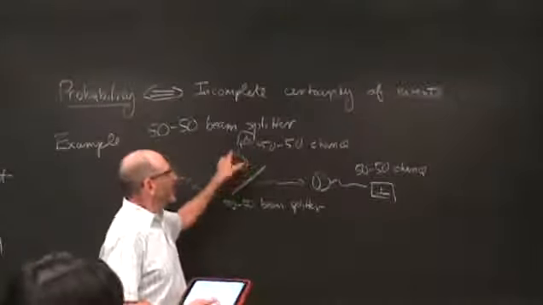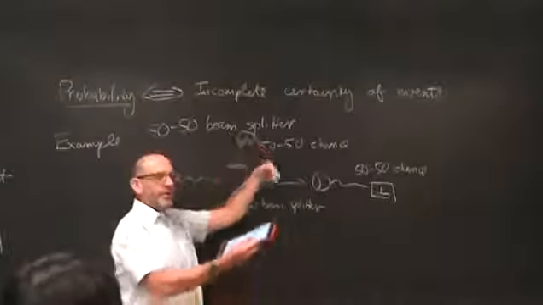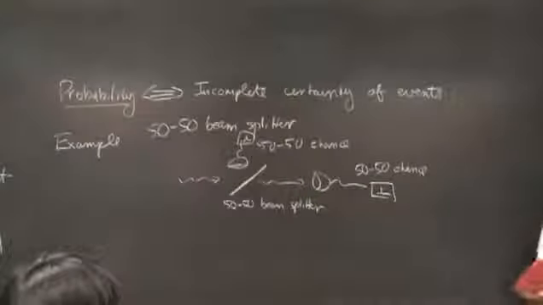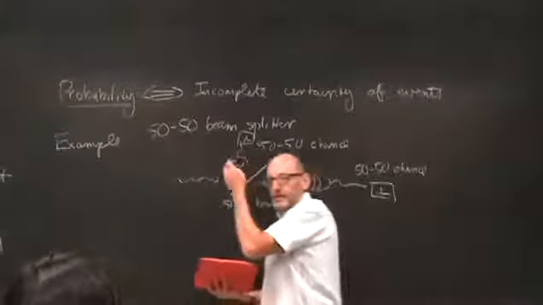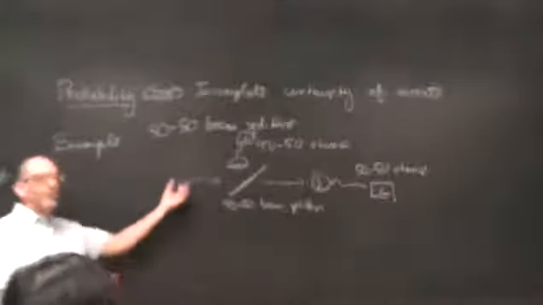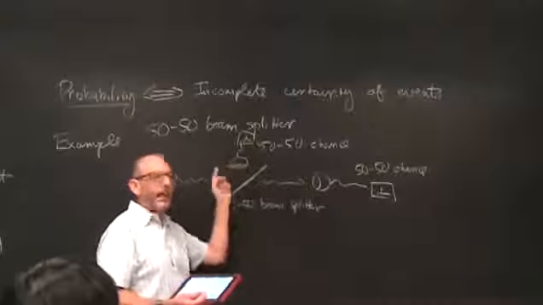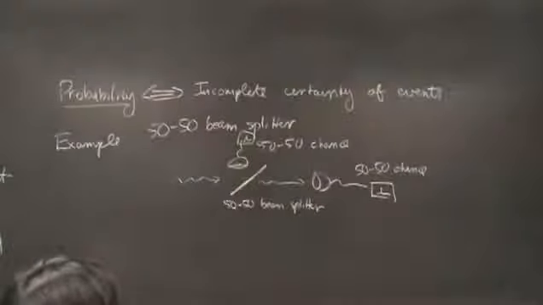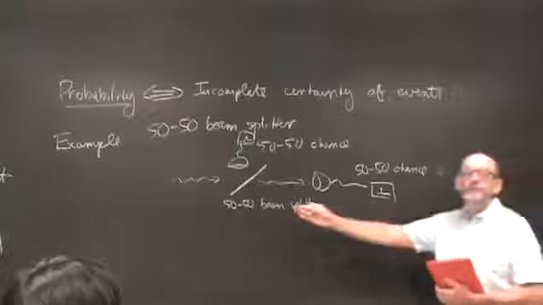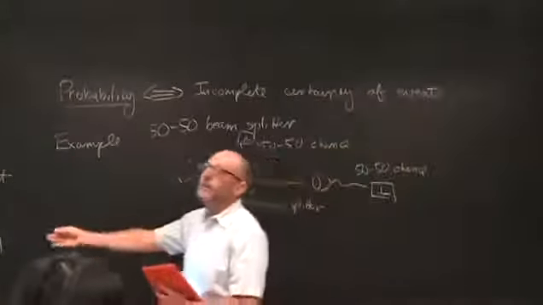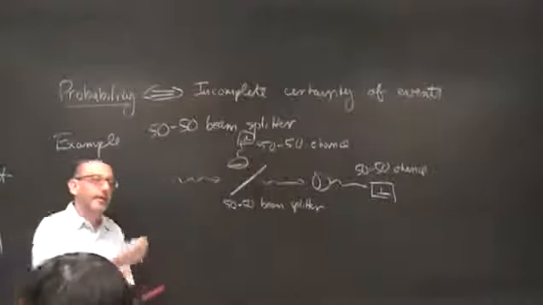If I were to gate these outputs onto a coincidence counter and look for two clicks simultaneously within the window of the photon, I would never see both go click. I'd see either this or that. And each one is a 50-50 chance of that happening if this is a 50-50 beam splitter. So this is a random set of events.